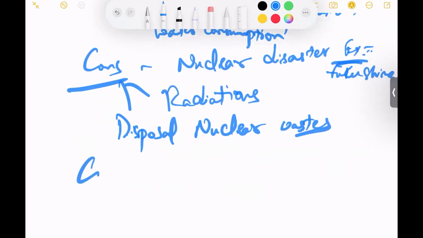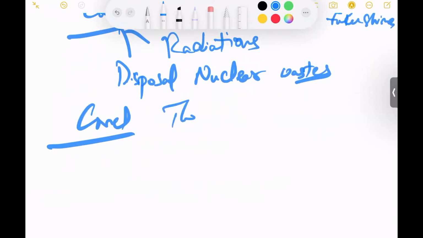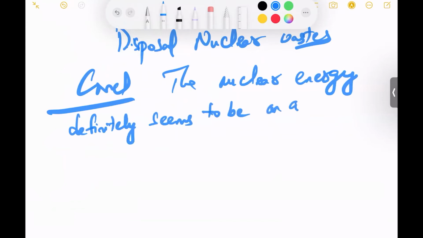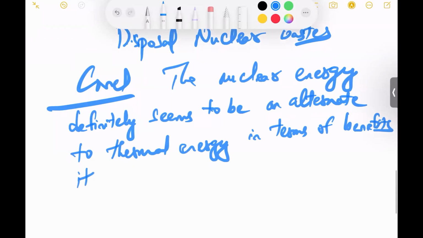And then you'll conclude saying that nuclear energy definitely seems to be an alternative to thermal energy in terms of the benefits it offers.